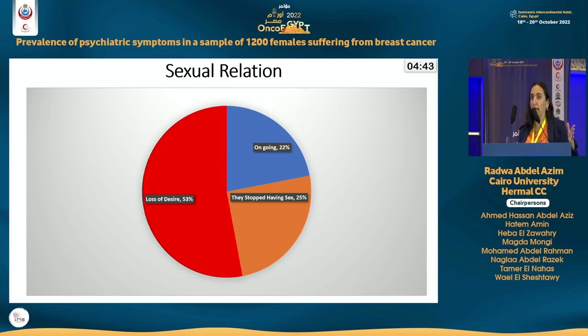She cannot do it anymore. So all this needs to be put in consideration. And the main bulk was there was no more desire. So this is already a diagnosable psychiatric disorder. It's called hypoactive sexual desire disorder in females, and it mandates treatment.